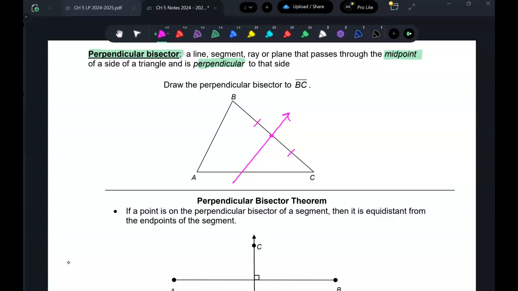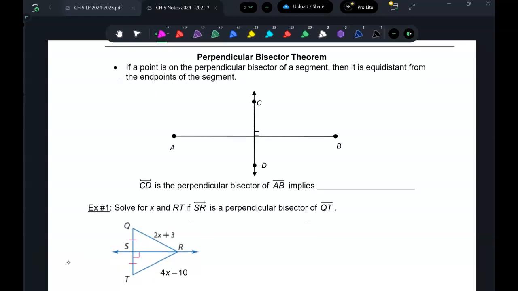It does not have to go through a vertex, okay? There's two things I need marked. I need the two segments marked congruent, and I need the little box.